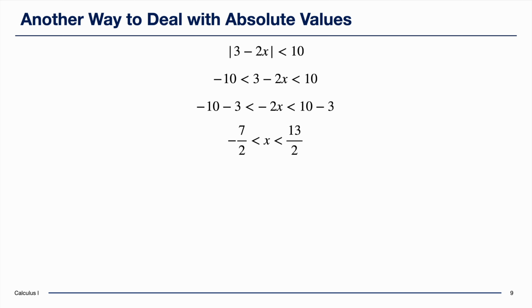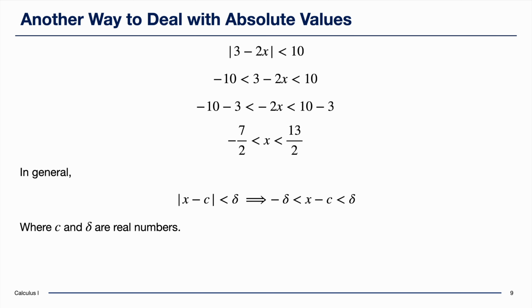Here we get the same result as we got in the previous example. Negative 7 over 2 is less than x, which is less than 13 over 2. In general, when we have something like the following, the absolute value of x minus c is less than delta, we can put negative delta on the left side of the inequality and get rid of the absolute value. Here, c and delta are simply just real numbers.